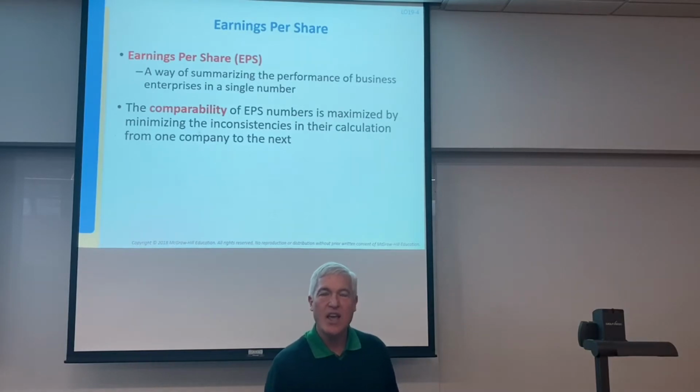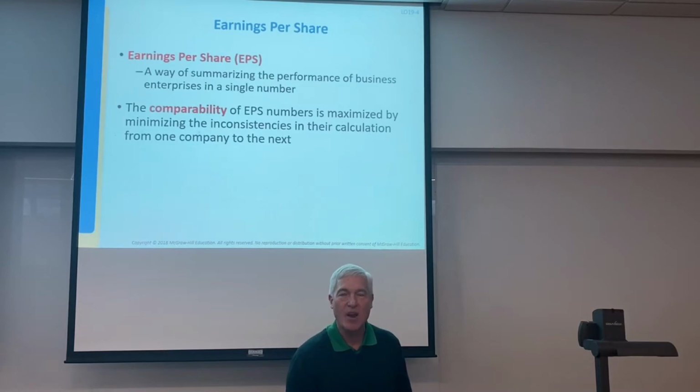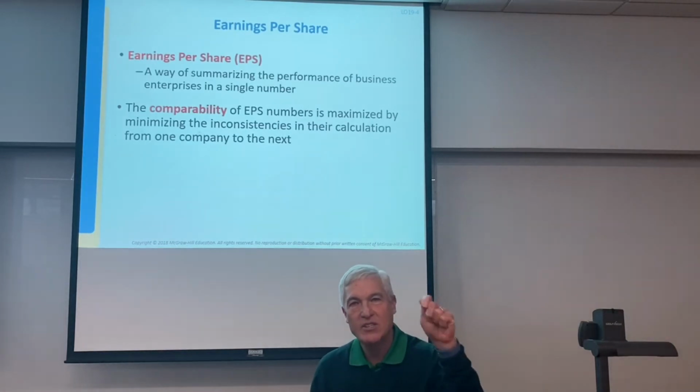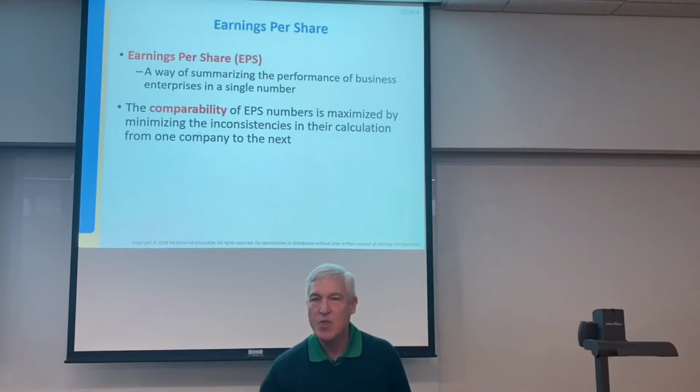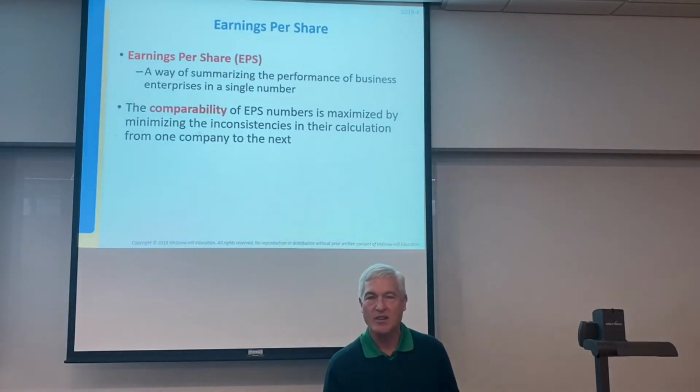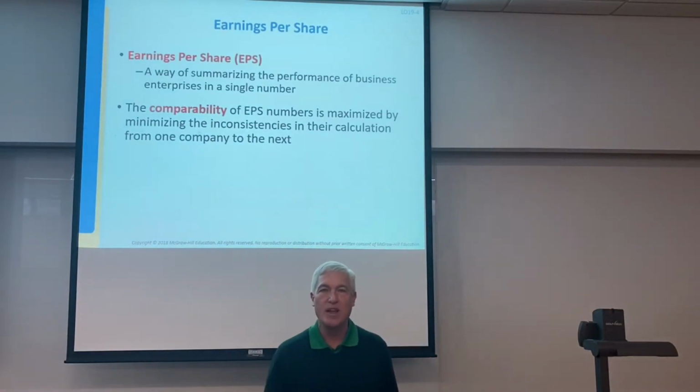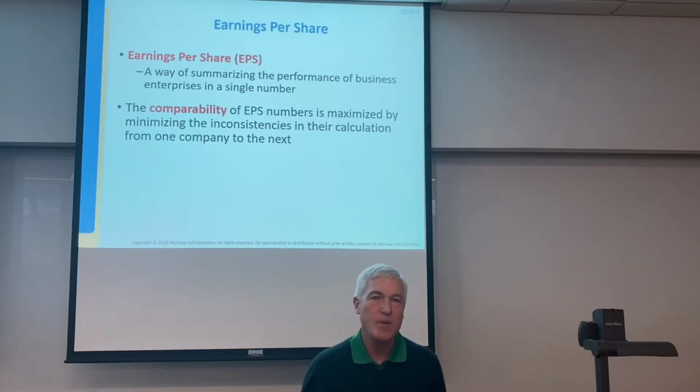And why does that matter? Because those shares are sold on the stock market, right? And so we can look and compare the price of a share of stock with the earnings per share of the stock. And that's called a multiple in finance. It is also a very famous ratio called the price to earnings ratio, or the PE ratio.